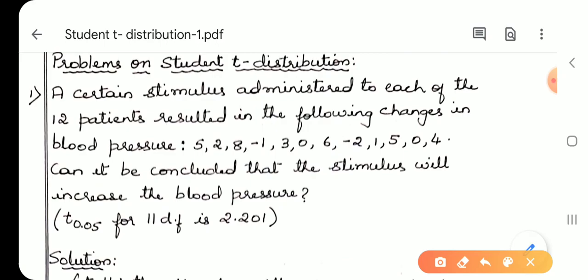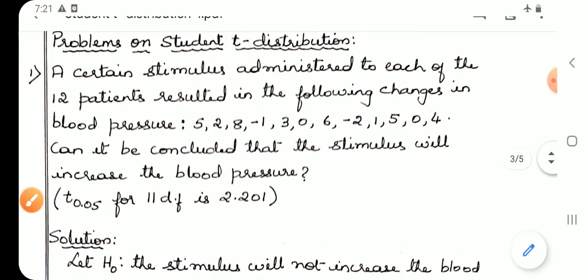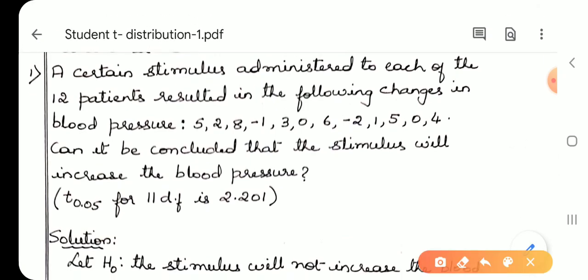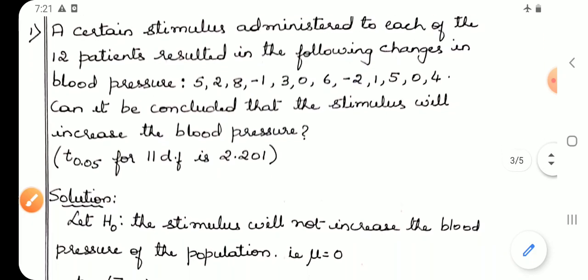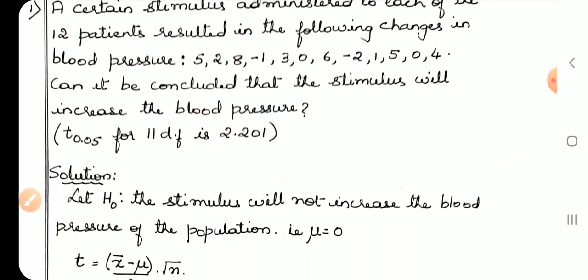Then the following changes are found in the blood pressure, which they have given here: 5, 2, 8, -1, 3, 0, 6, -2, 1, 5, 0, 4. They are asking, can it be concluded that the stimulus will increase the blood pressure or not? Whether the given stimulus increases the blood pressure or not, we have to find by using the T test.